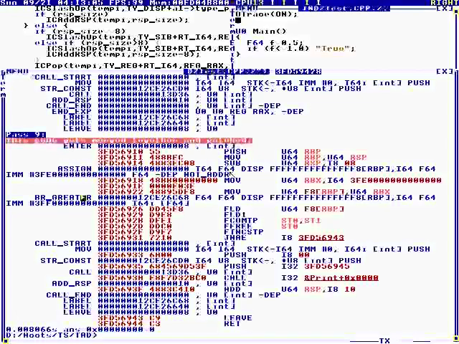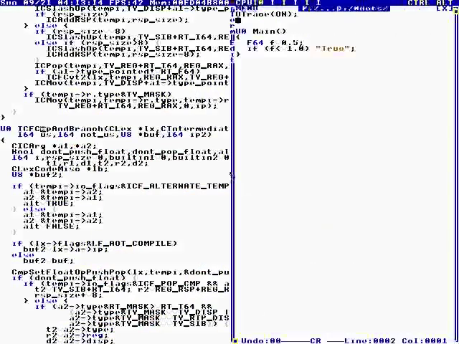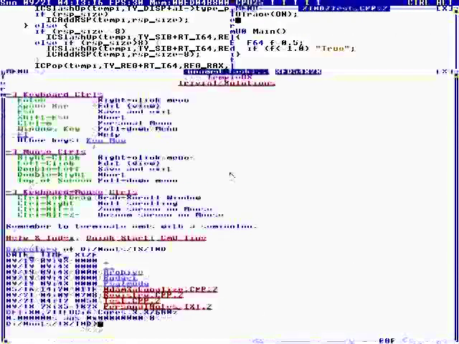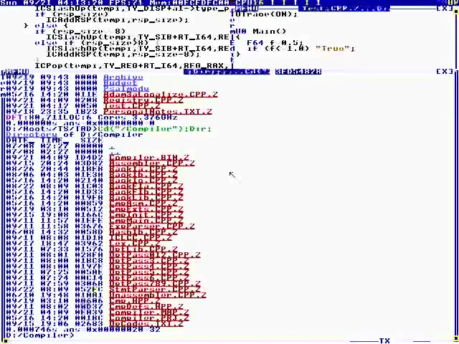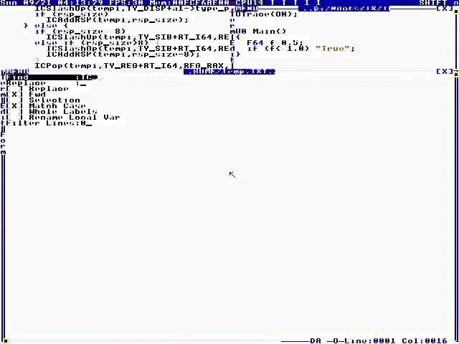Okay, so this is doing a floating point. The reason I know that we just hit that code is because on the last compiler pass, it does 0, 1, 2. Anyway, on 7, 8, and 9, ICF compare.